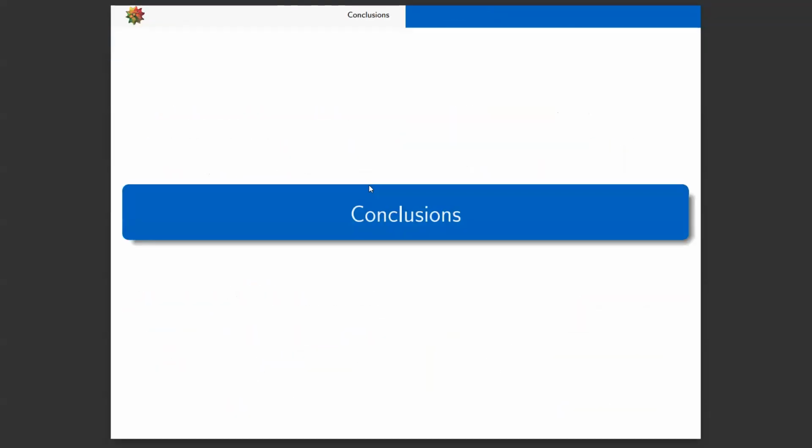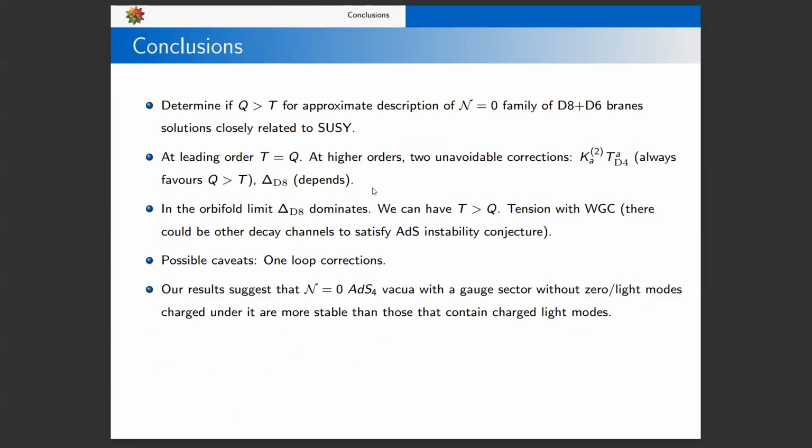So to wrap up, we have tried to determine whether the charge is greater than the tension for systems in non-SUSY vacua, consisting of families of D8 plus D6 planes closely related to supersymmetric solutions. At leading order, we see that the charge is equal to the tension, but at higher orders, we have to introduce the bionic description for the system, and we have two unavoidable corrections.